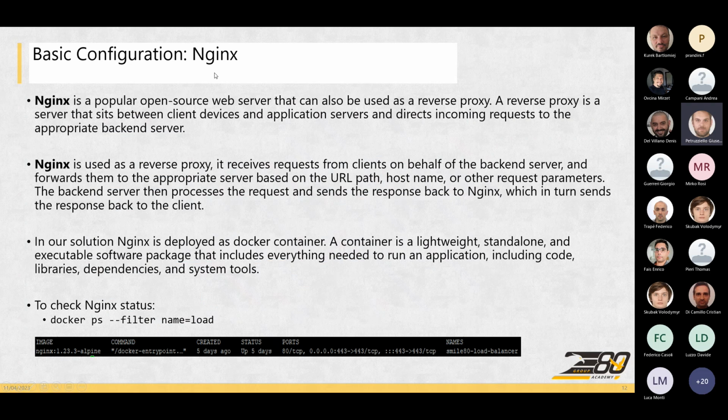So let's see in more detail the specific components, how they are deployed on the machine, and how they are configured. One important component of the system is Nginx, as we said, a popular open source web server that sits between client devices and application servers and directs incoming requests to the appropriate backend servers and applications.